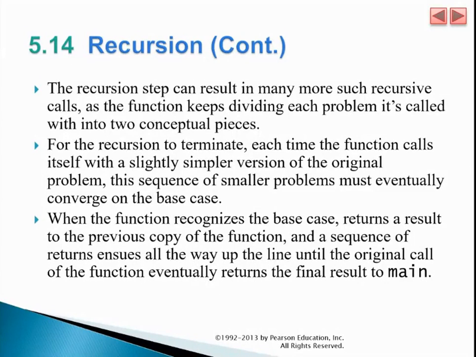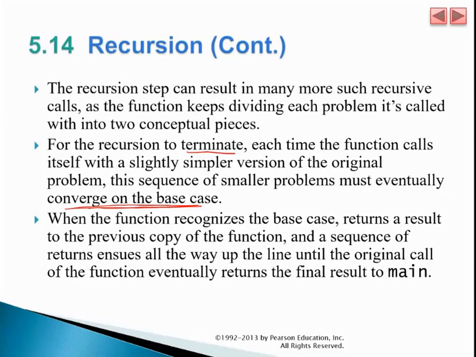Okay, and where does this recursion terminate? Each time the function calls itself with a slightly simpler version of the original problem, this sequence of smaller problems must eventually converge on the base case. Every time we are reducing the size of the problem, and eventually it will reach the base case.